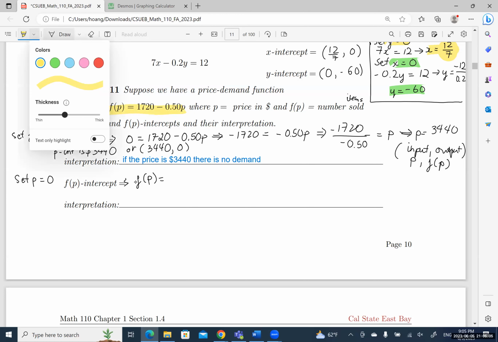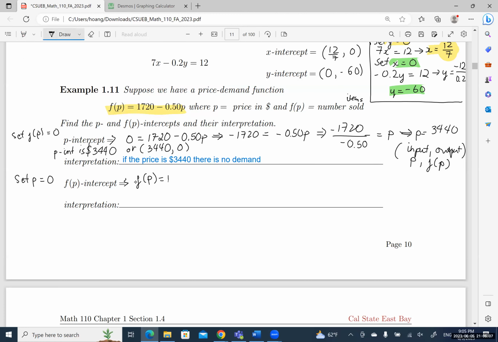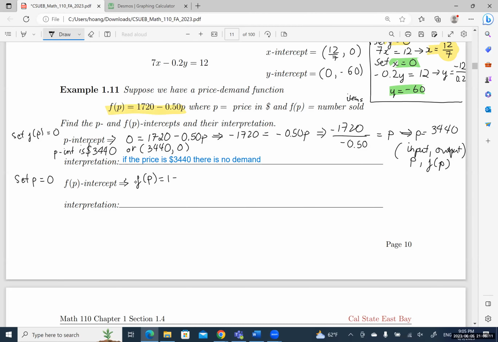And then you have 1720 minus 0.50 times 0. So that gives us f of p equal to 1,720.